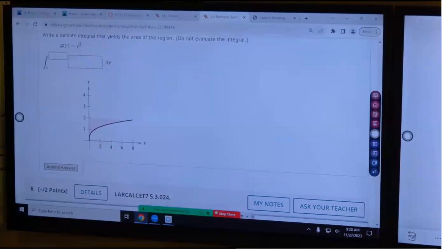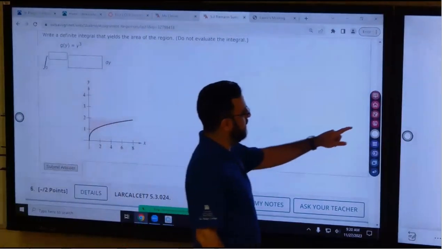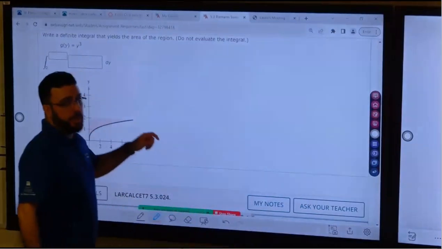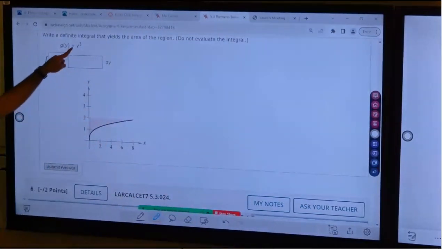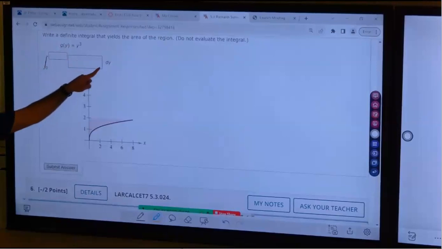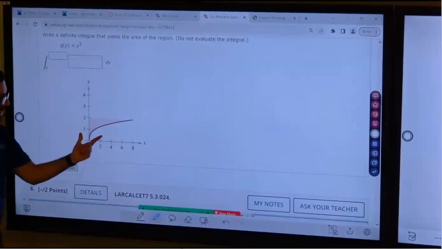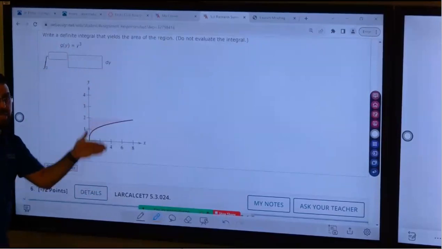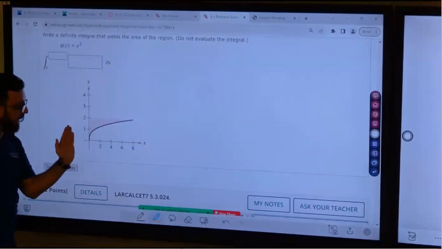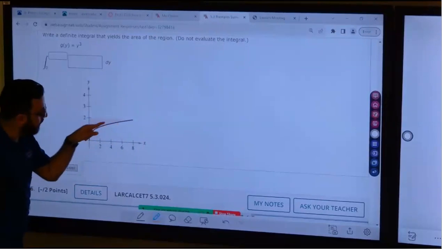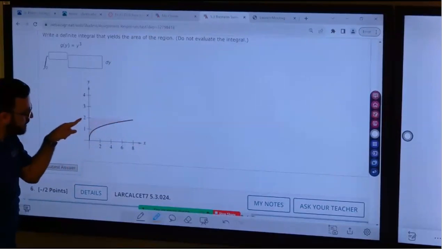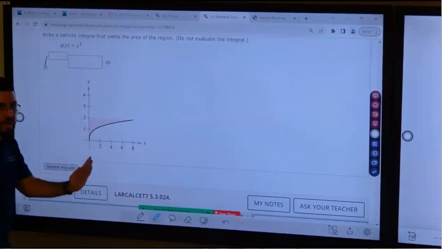Now, what about this one? Two things you're going to notice on this function, on the graph. The function is what? The y, you see, so it's dy. Now, if you look at the graph, can I graph the rectangles with respect to the x coordinate? You can't, because the curve is here, and the border of the shape here until 2. That means I can't graph the rectangles like this.